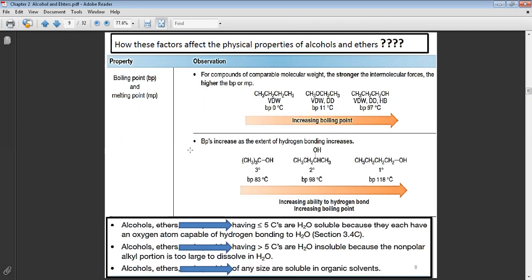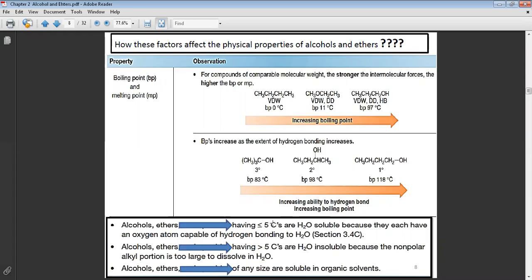Now he said here another: alcohols and ethers having less than 5 carbons. If you have alcohol and ether with 5 carbon atoms or less, they are H2O soluble, can be soluble in the water. Like ethanol, like propanol.